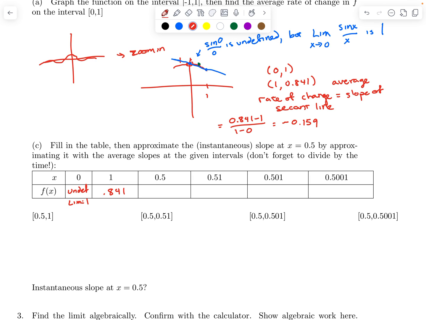I've filled in some numbers. Notice when we get to here, I'm going to want to have a little bit of extra accuracy, because otherwise everything gets swamped in the round-off error.